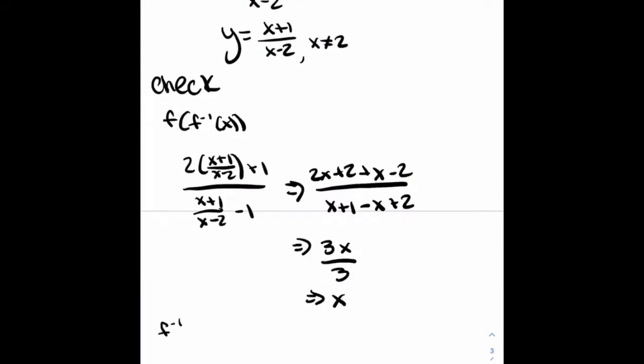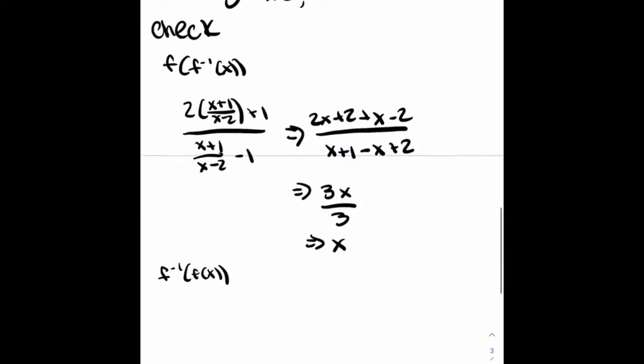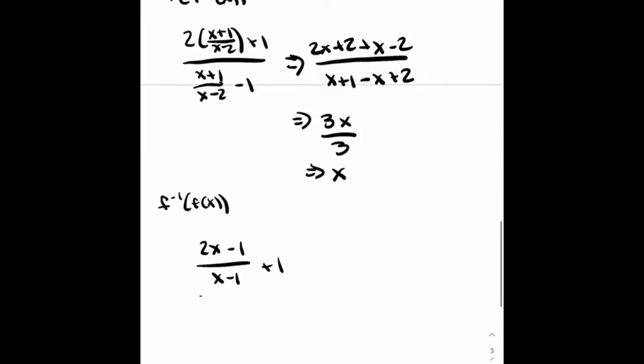Now let's try f inverse of f of x. And so we have 2x plus 1 over x minus 1 plus 1 over 2x plus 1 over x minus 1 minus 2.